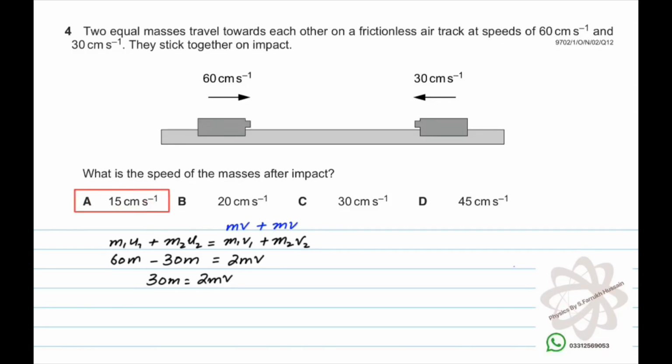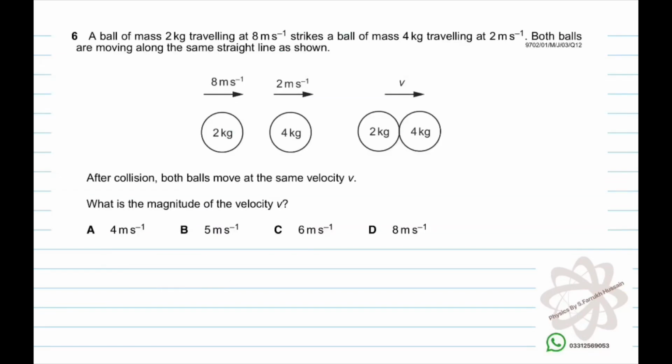Now in this question, the momentum of object A is 16, the momentum of object B is 8, and after collision they stick together, so it will become 16 plus 8 is equal to 6v, and 16 plus 8 is 24, so 24 is equal to 6v, v is equal to 24 upon 6, so 4 meters per second is the answer.